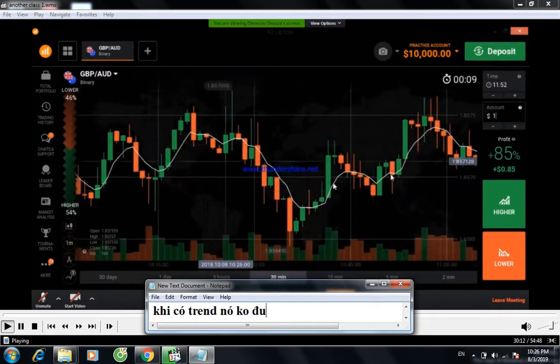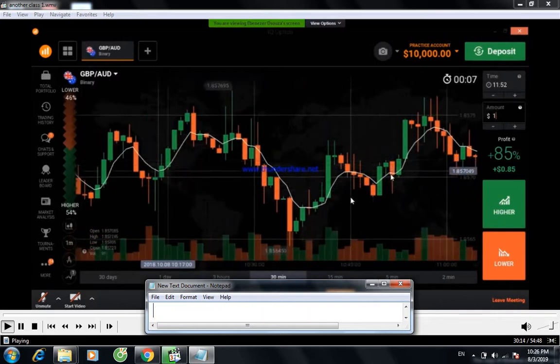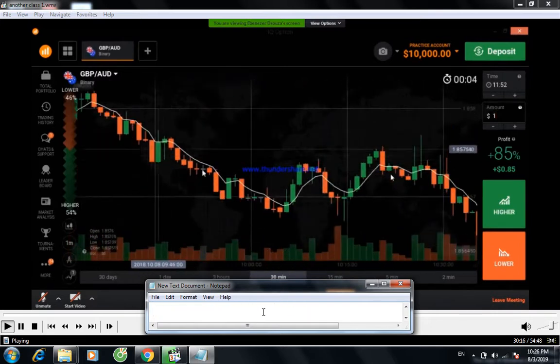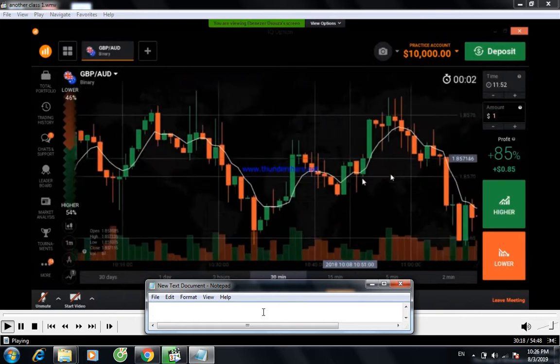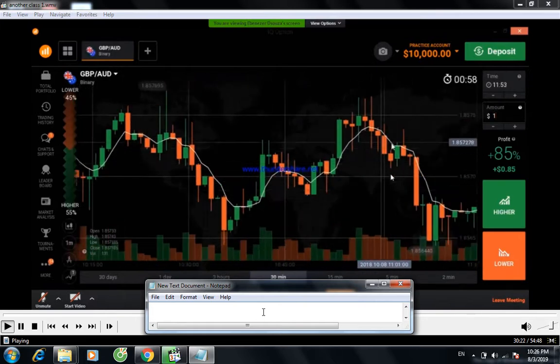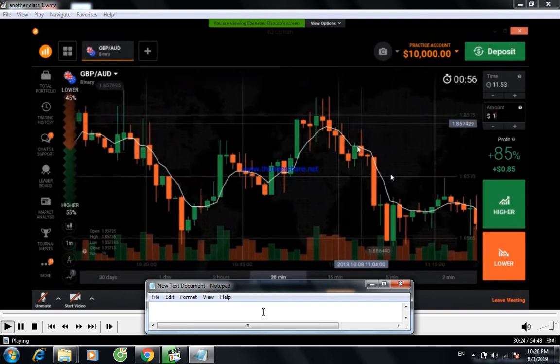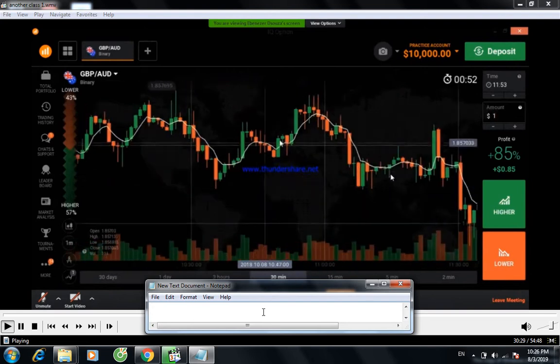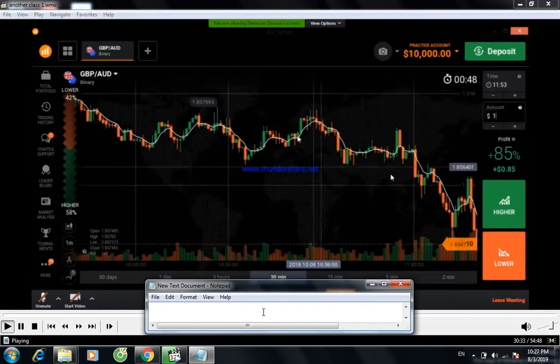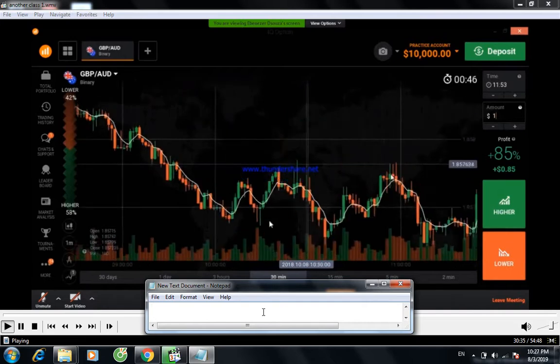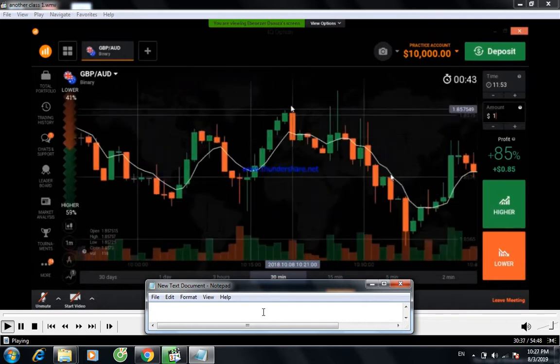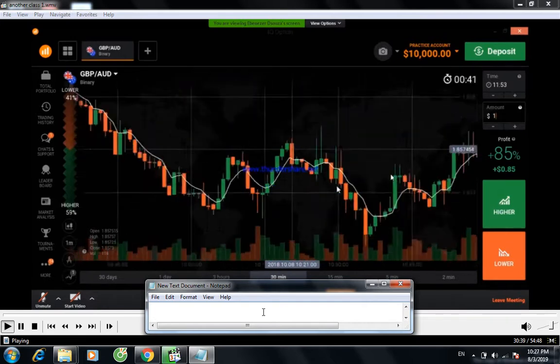This is an uptrend, so that's why it didn't work here. This is a downtrend, that's why it worked. This is an uptrend, that's why it didn't work here. These patterns will work only in a ranging market, not in a trending market. And this one too, I told you this type of engulfing sometimes will not work.